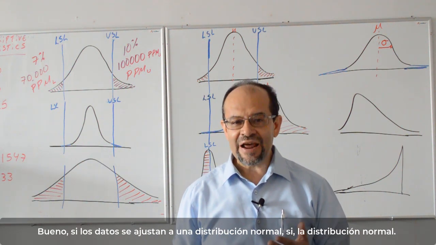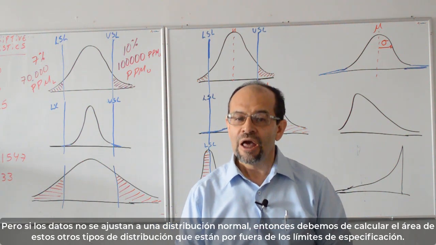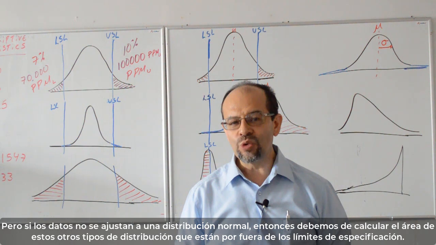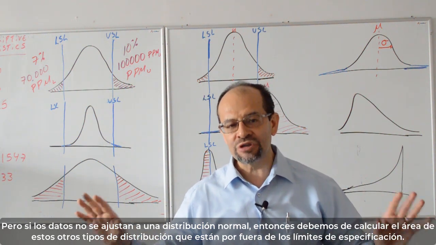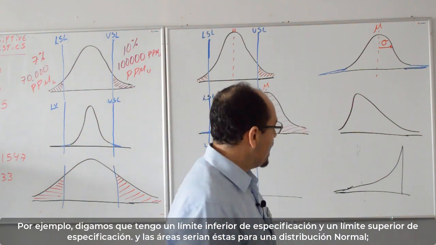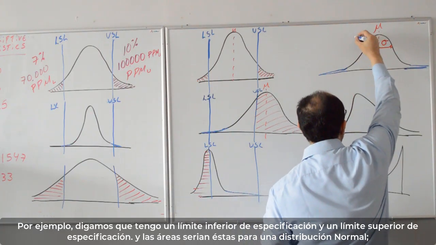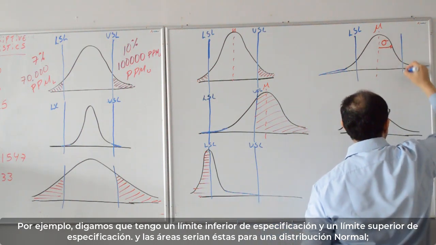If the data fit a normal distribution, yes. But if the data do not fit a normal distribution, then we have to calculate the area of this other type of distribution that is outside the specification limit. For instance, let's say that here I have a lower specification limit, and we have an upper specification limit.